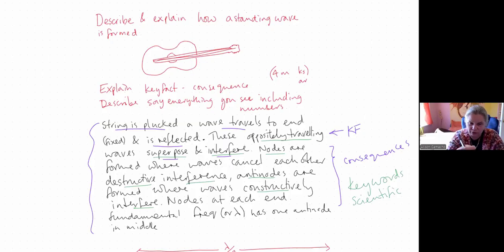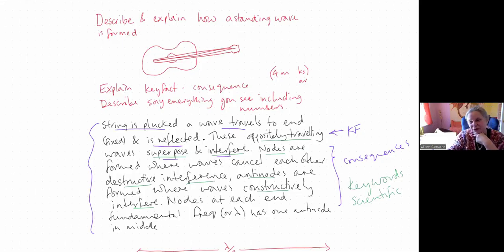This is one of the reasons why you should practice, especially doing the describe and explain questions that come up frequently. So this is describe and explain how a standing wave is formed. One that comes up about every 3 years is describe how a transformer works.